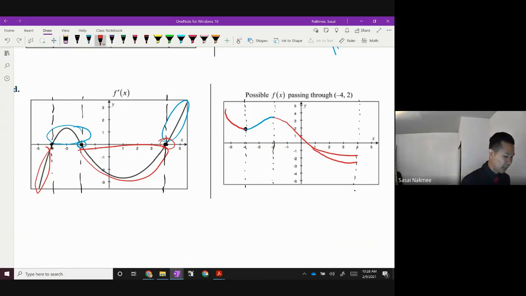And if you did this on the test, any one of those 3 would be perfectly fine and perfectly valid for that sketch. Because all I'm really focusing on is the function decreasing on this interval. And as long as it's decreasing on that interval, that's perfectly fine. So those are the sketches right there so far, right?